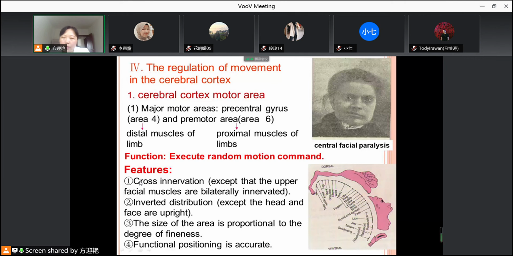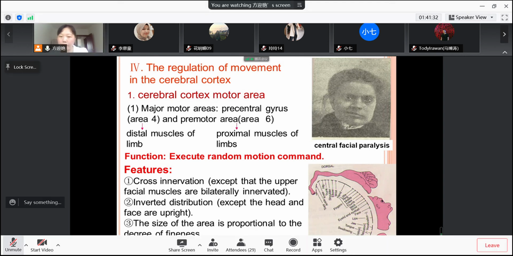I hope you understand and master them, because once you master this knowledge, if you face a patient with such manifestations in the clinic, you can base your diagnosis on it and know which area of the cerebral cortex is damaged. Understand?